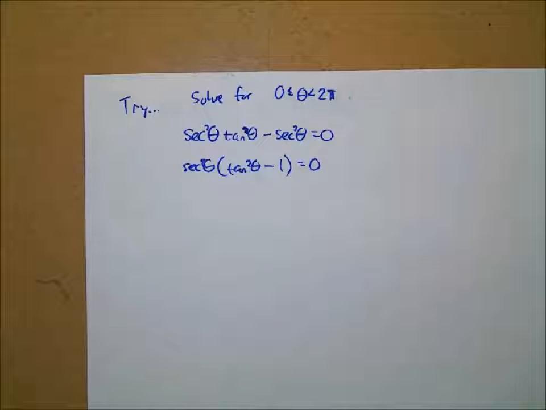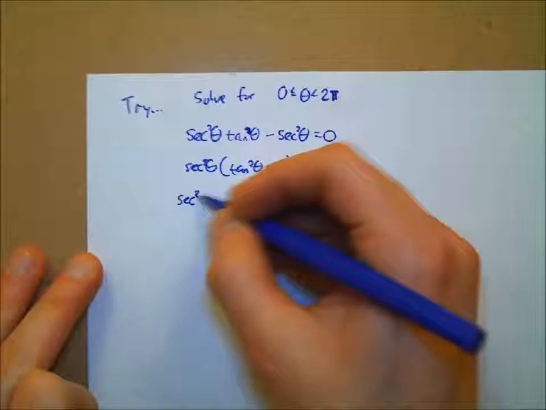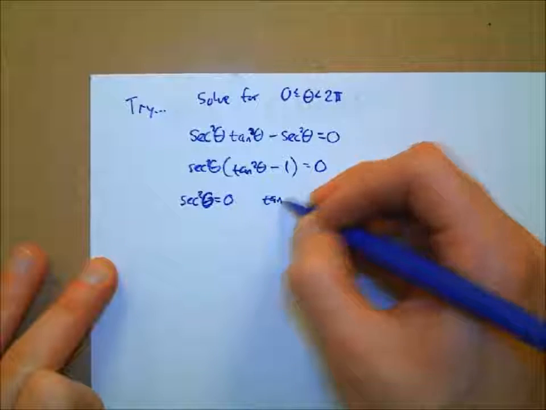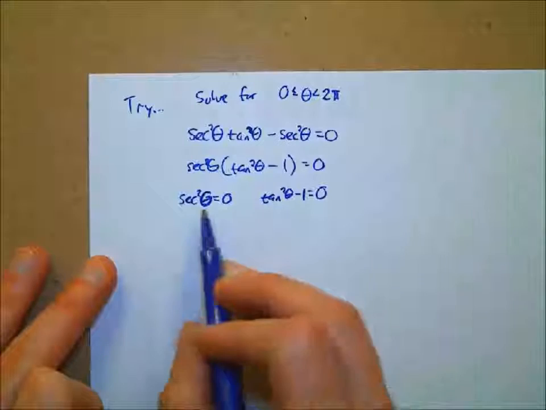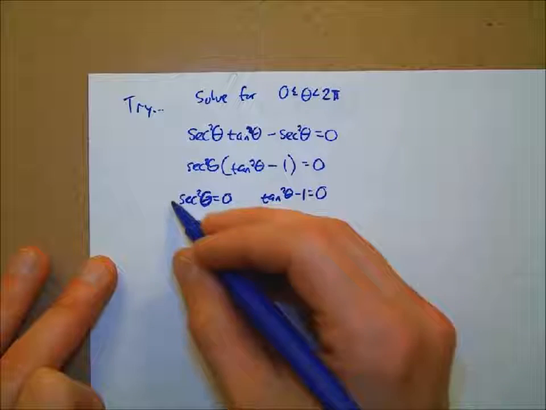Now that we've factored out secant squared theta, we have a product of two terms, so we can use the zero product property. Secant squared theta equals 0. Tangent squared theta minus 1 equals 0. What should we do to both sides for this factor? Square root. The square root of 0 is just 0.